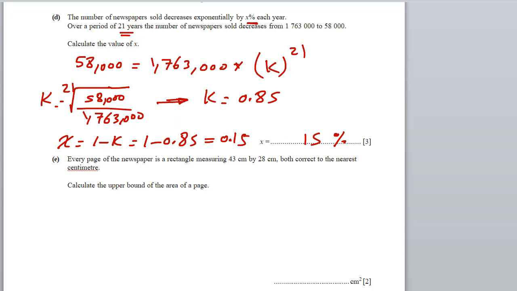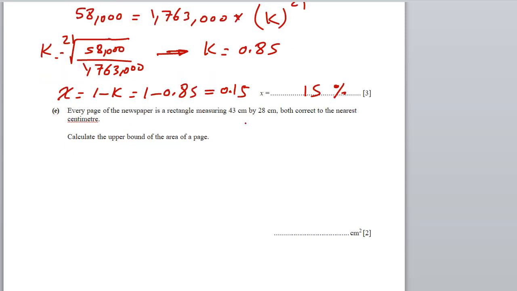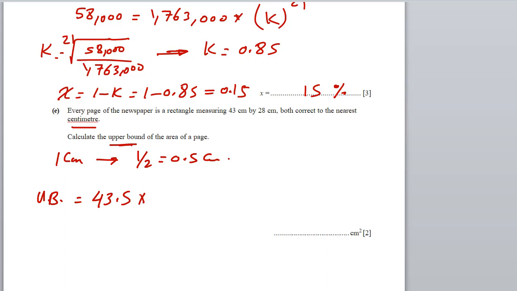Okay. Now every page of the newspaper is rectangular, measuring 43 centimeters by 28 centimeters, both correct to the nearest centimeter. Calculate the upper bound of the area of the page. So the nearest is 1 centimeter, so 1 divided by 2, so 0.5 centimeter. We need the upper bound, which is 43.5 multiplied by 28.5.